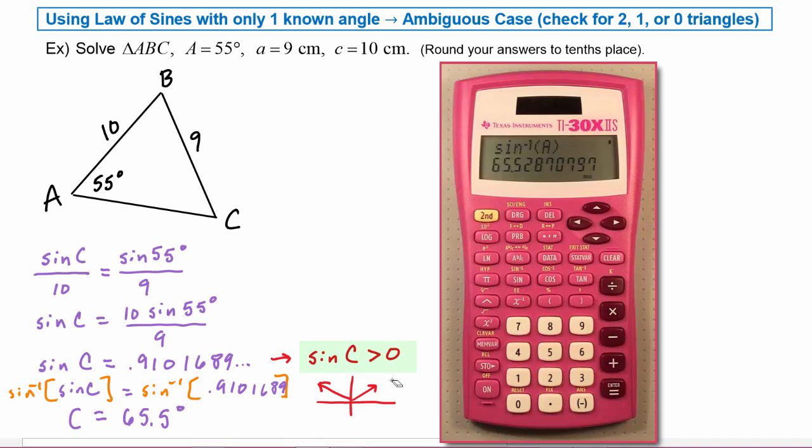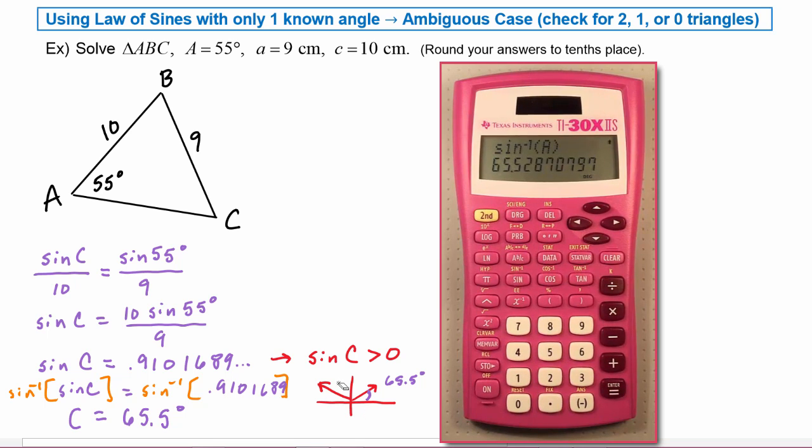Now remember what we just talked about a minute ago though. We know if the sine of an angle is positive, which is what we had here with the 0.9101, etc., that means that angle could be in quadrant 1 or it could be in quadrant 2. So the 65.5 degrees is here in quadrant 1, and that tells us our reference angle.